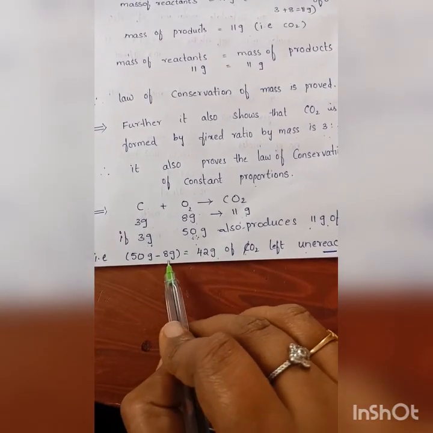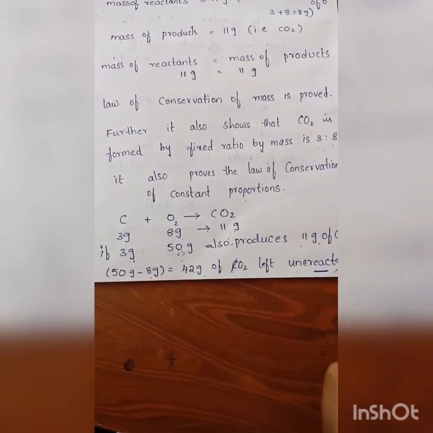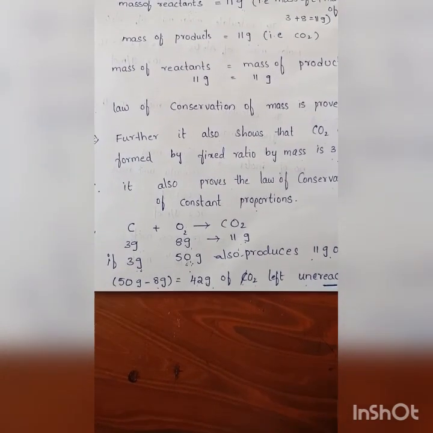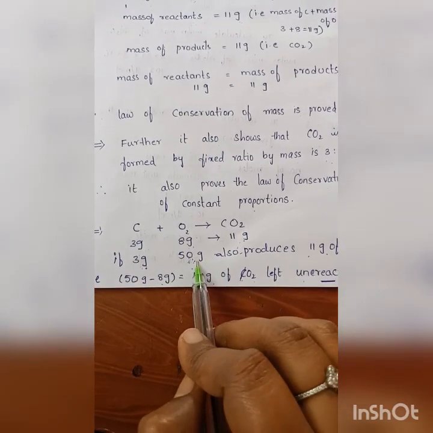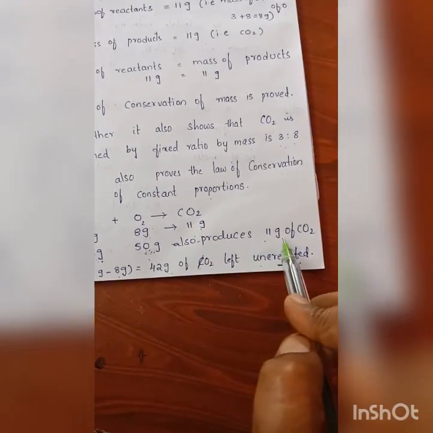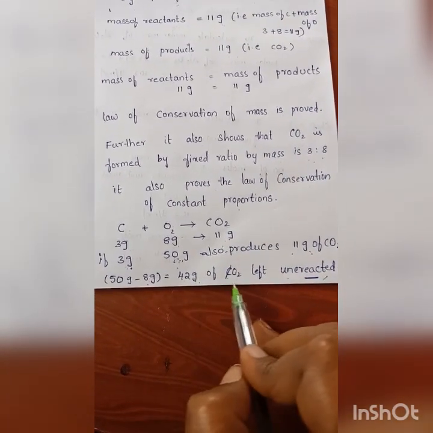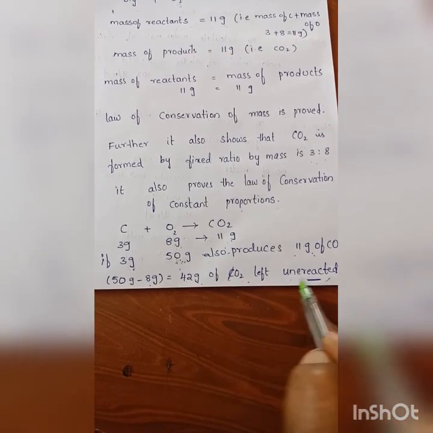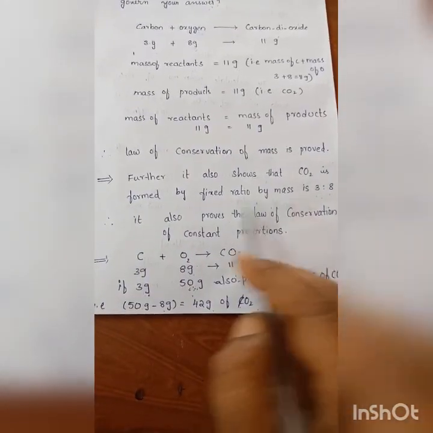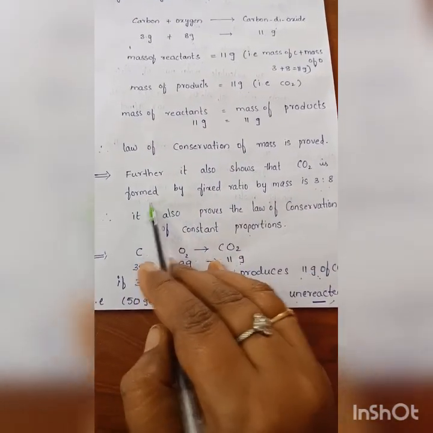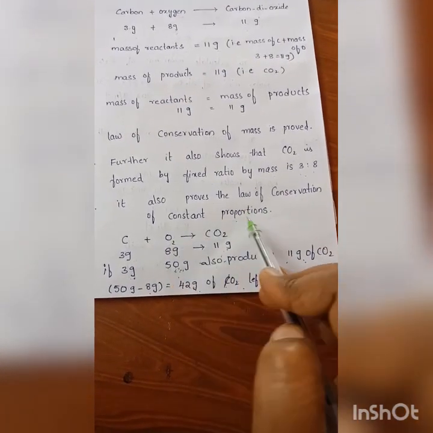That is, 50 minus 8, 42 grams of oxygen is left unreacted. That is the reason that if 3 grams of carbon is reacted with 50 grams of oxygen, it also produces 11 grams of carbon dioxide and the remaining 42 grams of oxygen is left unreacted. Like that, it is following the law of constant proportions.